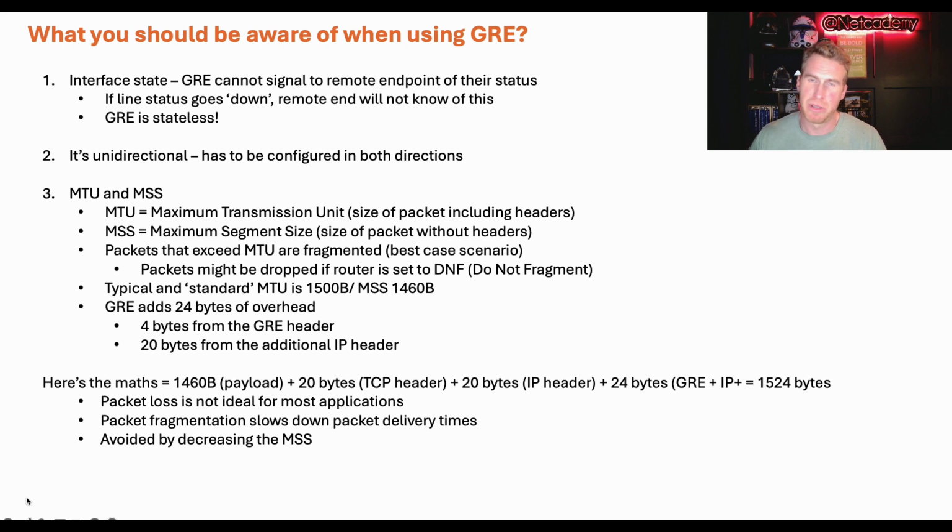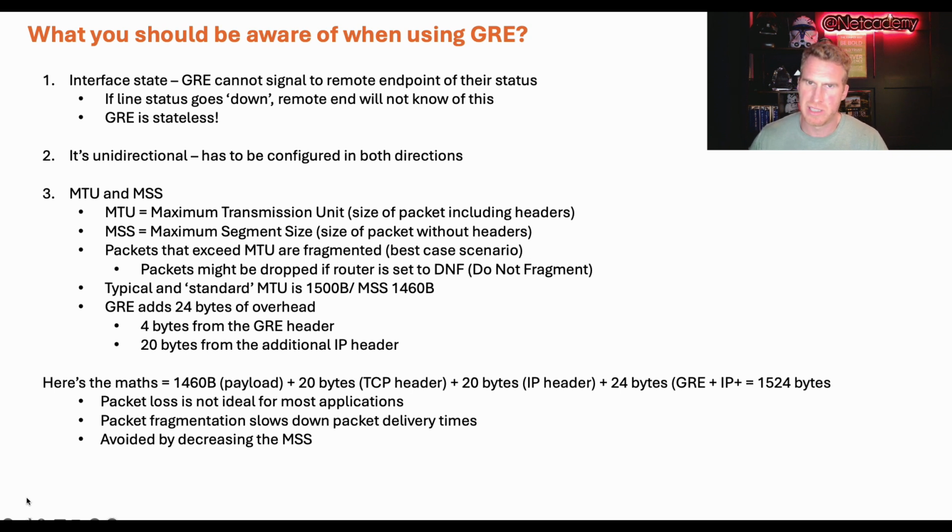So the payload from a layer 3 perspective is 1460 bytes, and we're almost talking about jumbo packet sizes here. Then you add on the 20 bytes at least of the TCP header, and then the 20 bytes of the IP header, the inner IP that is, and then the 24 bytes of the GRE header and the outer IP header, which GRE adds on, then suddenly you've got 1524 bytes.